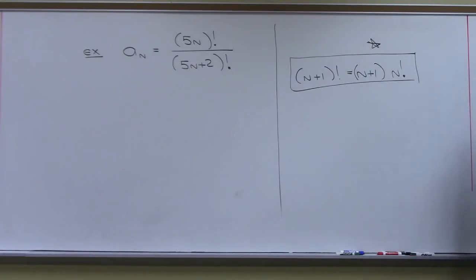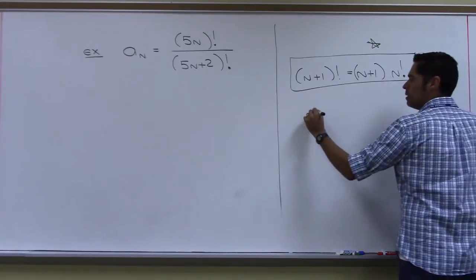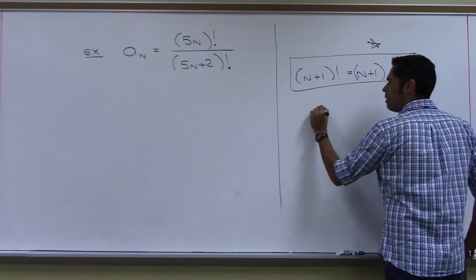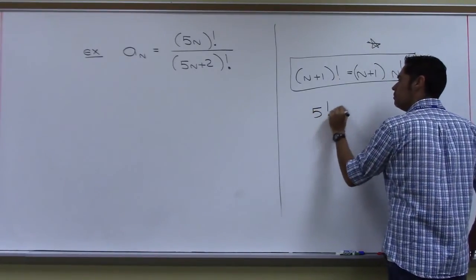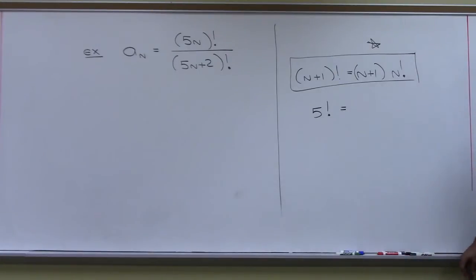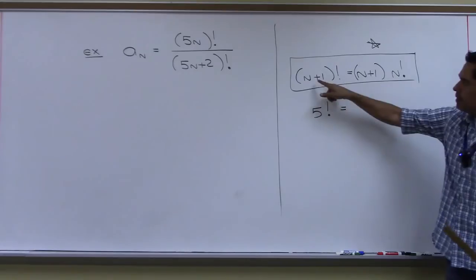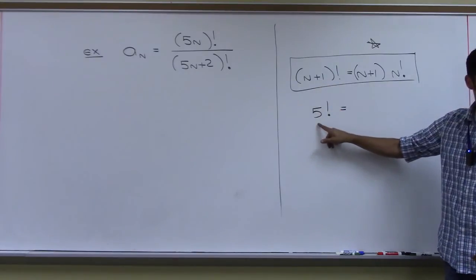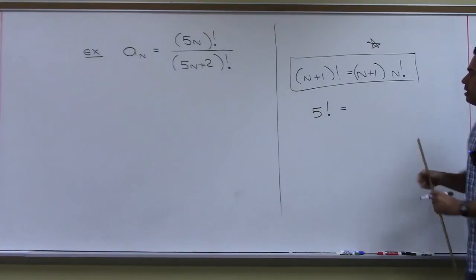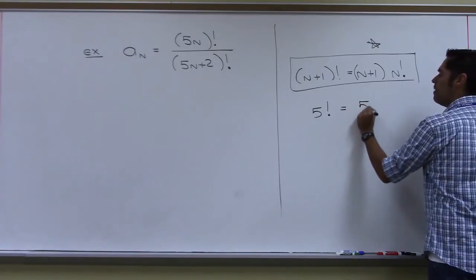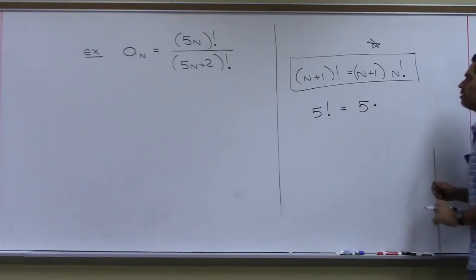Now let me just explain what this is, all right? Let's say I write 5 factorial. According to this property, the n plus 1 we have here is 5, right? Yes? So this should be equal to 5 times what?